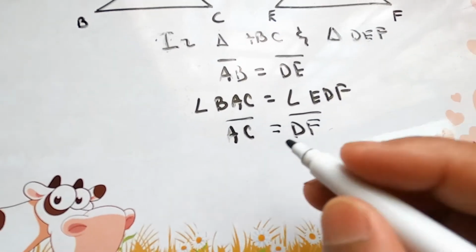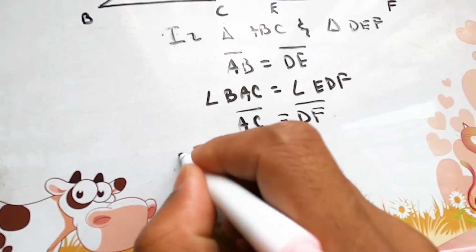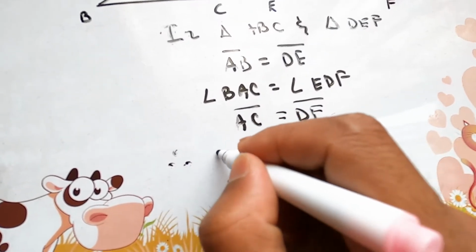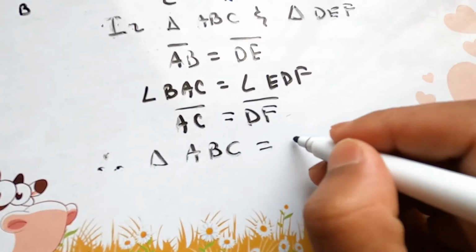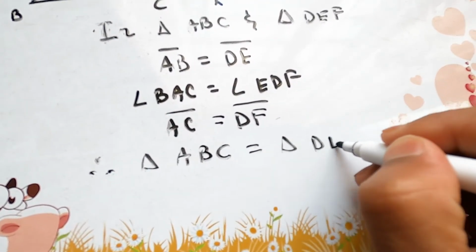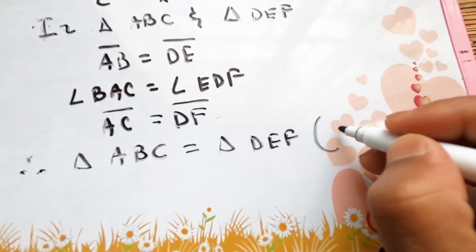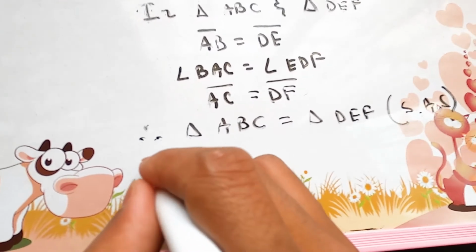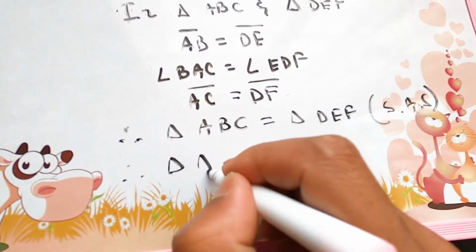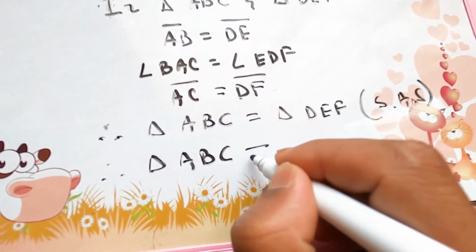Therefore triangle ABC is congruent to triangle DEF. By which property? Side, angle, side.